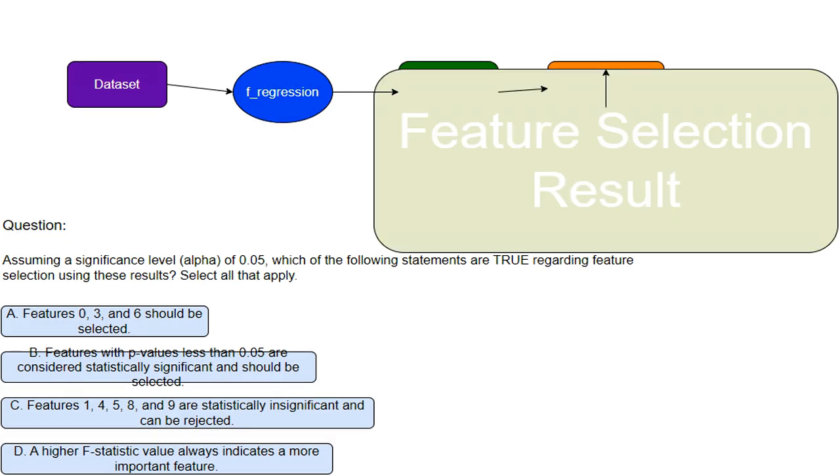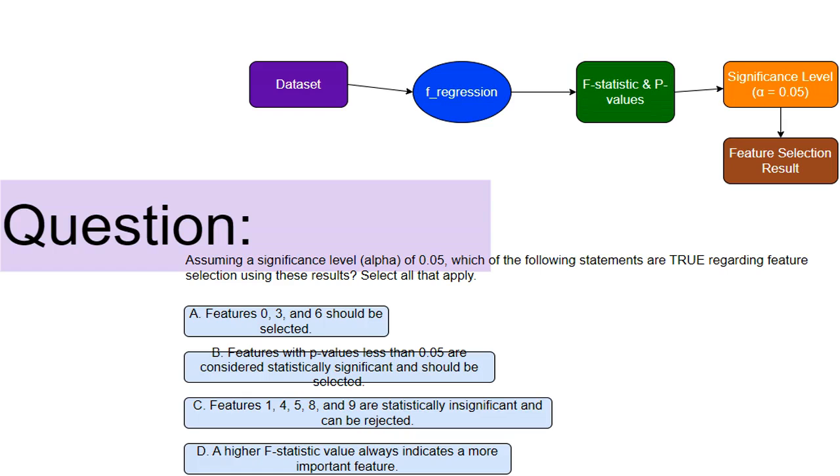Based on the f-statistics and p-values, I need to decide which features to keep and which to throw away for my model. This is the core of feature selection. I am answering questions based on the results of my feature selection process.